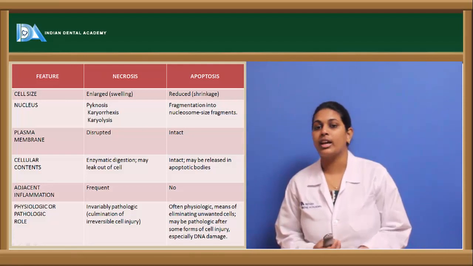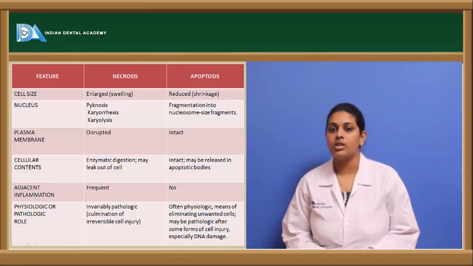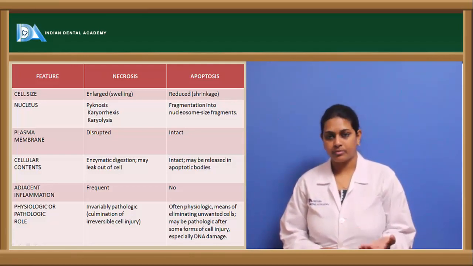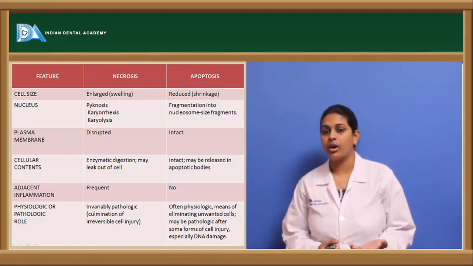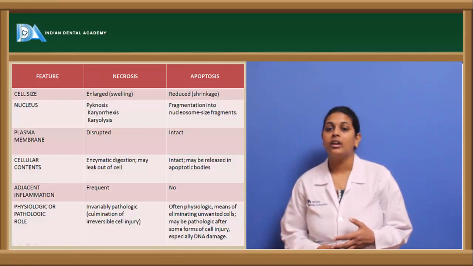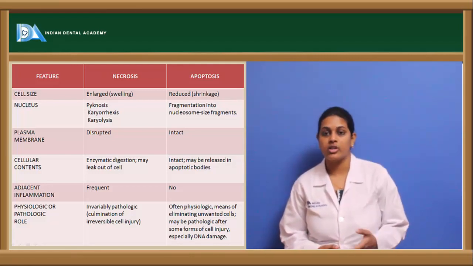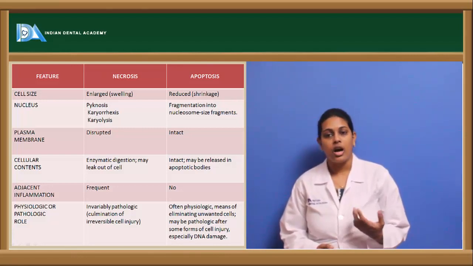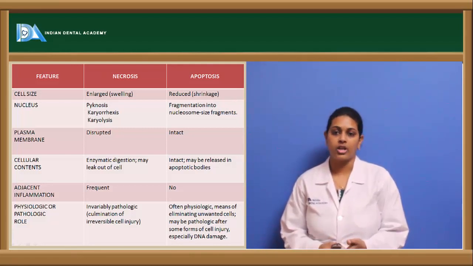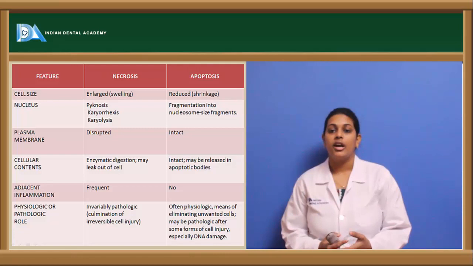Physiologic, by eliminating unwanted cells or cells which have reached an exhausted level, and pathologic, where cells which have undergone irreversible injury and cannot be restored to proper functioning are removed.